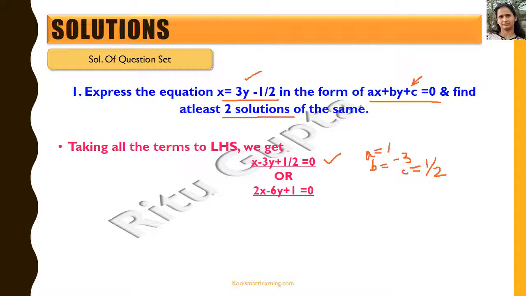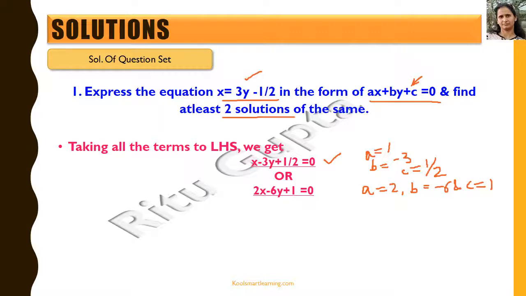Now we could also write it as, if we multiply the whole equation with 2, 2x minus 6y plus 1 equal to 0, and here we will see that a is equal to 2, b is equal to minus 6, and c is equal to 1.